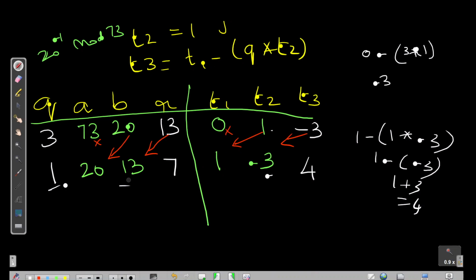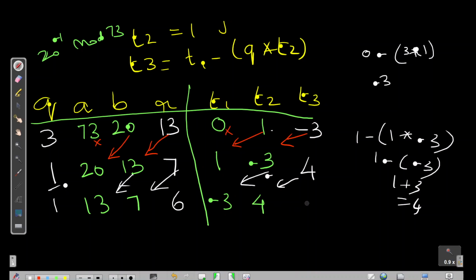Now the next step, what do I need to do? Again, shift: 13 here, 7 here, minus 3 here, 4 here. Now my table will look like this: 13, 7, minus 3, 4. Now again perform 13 divided by 7. Quotient is 1, remainder is 6.